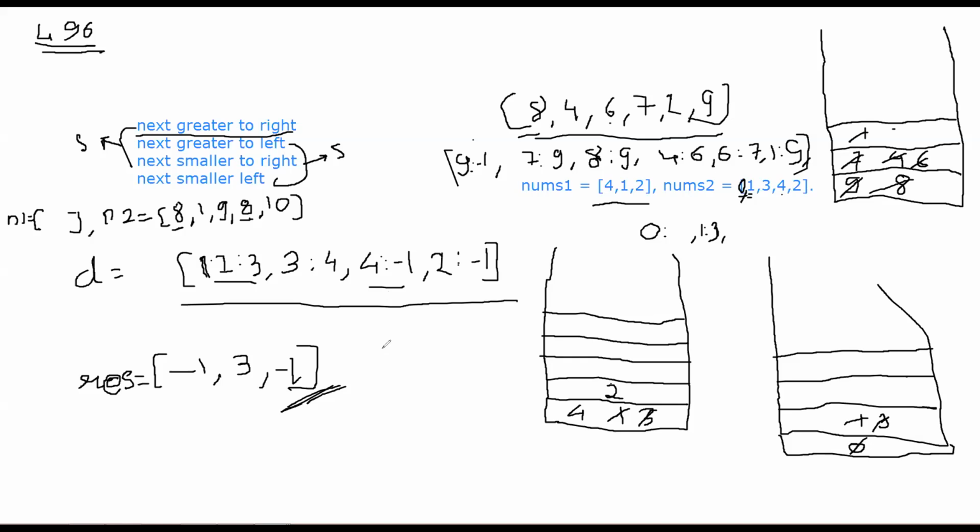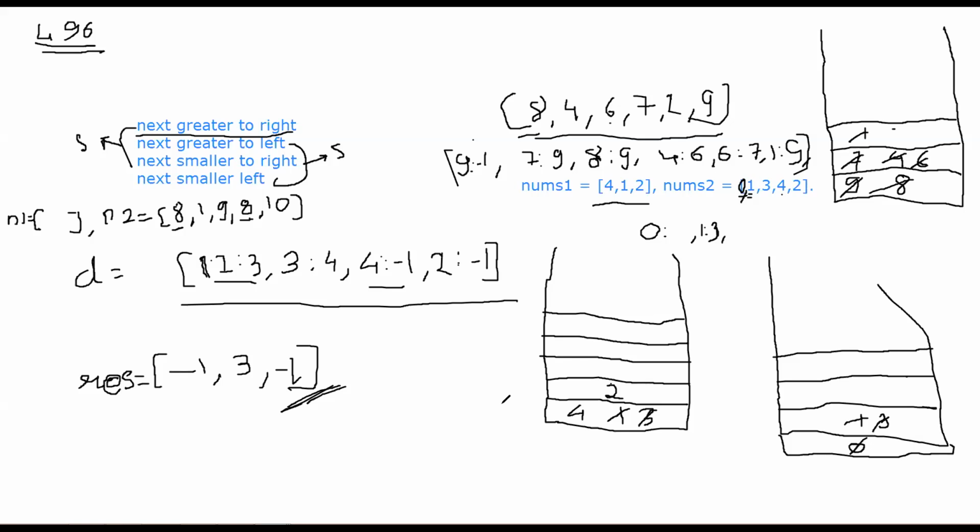Does anyone else want to add something? I think the key observation, as somebody mentioned in the chat, is that you always have a monotonic stack. If they say next greater, then on the monotonic stack you make it the opposite, in descending order.